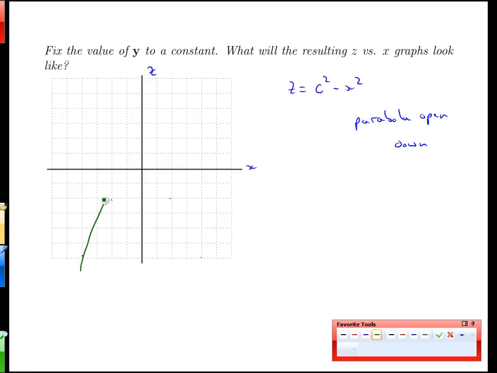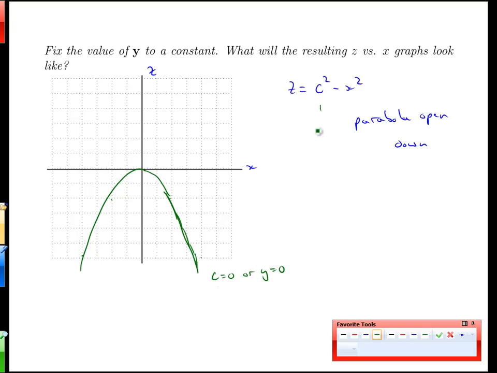So we have our generic parabola here. This would be our c equals 0 or y equals 0.